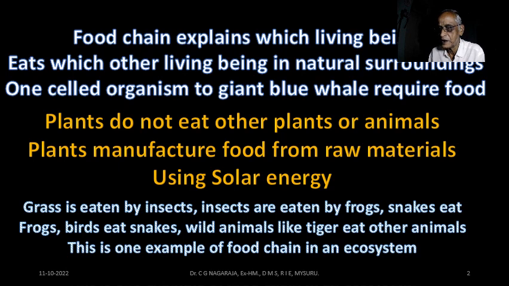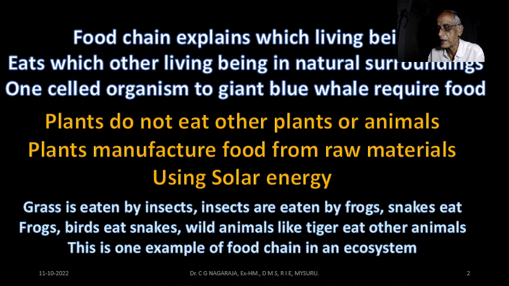So food chain explains which organism eats another organism for the sake of living, for the sake of energy. That's food chain. So in nature you find different types of food chains. For example, grass is eaten by some insects.